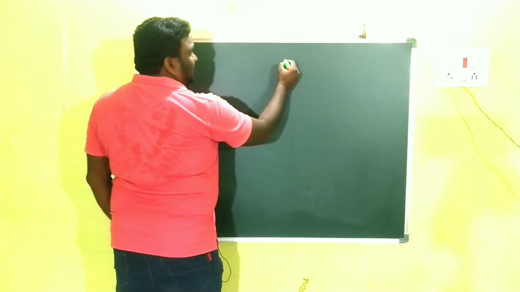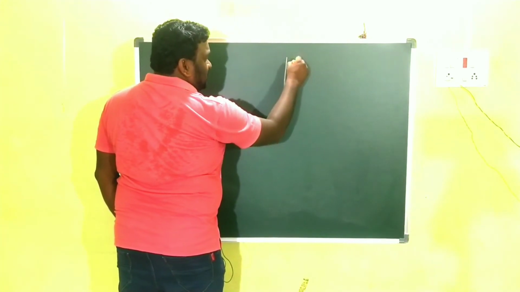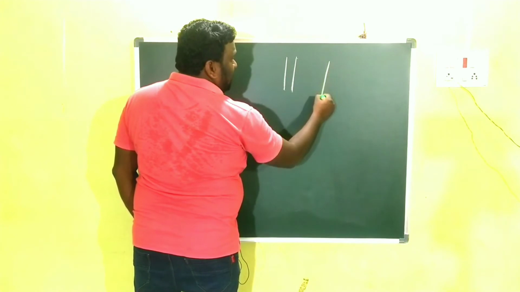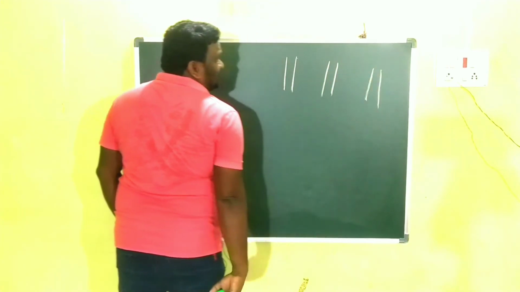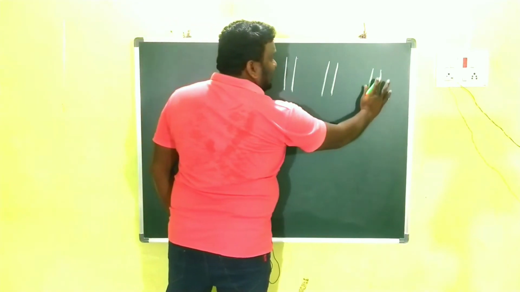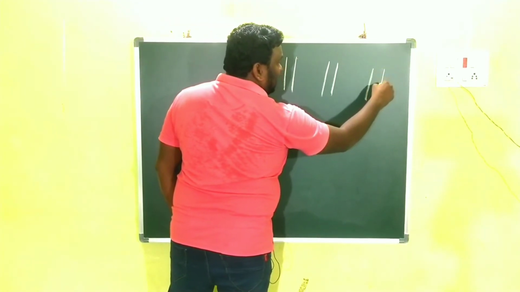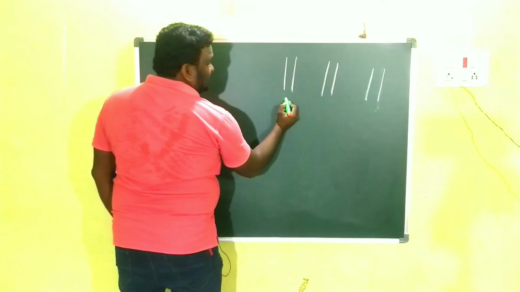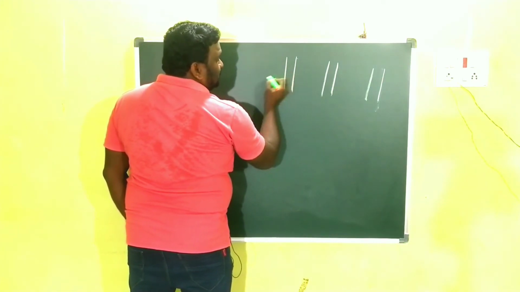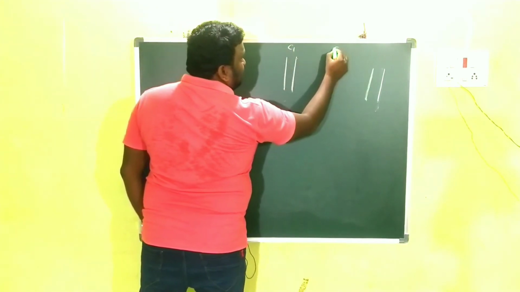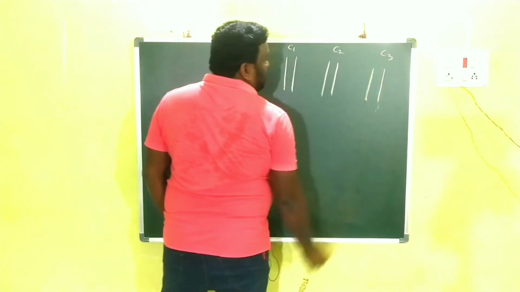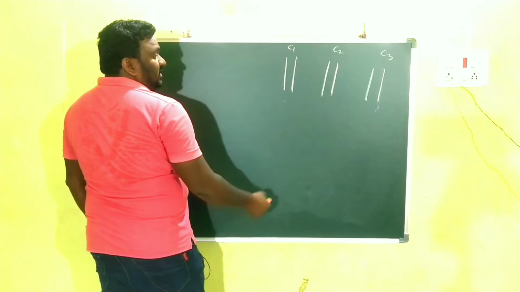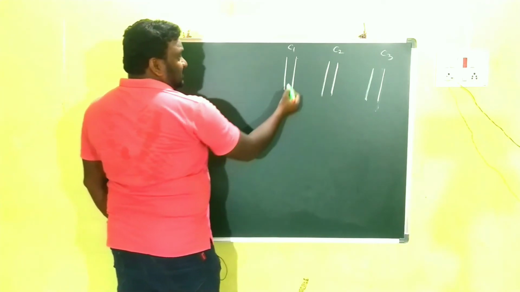This is the first capacitor C1, this is the second capacitor of capacitance C2, and this is the third capacitor of capacitance C3. To remember very easily, you have to practice the diagram like this. And here the series combination will be like this.